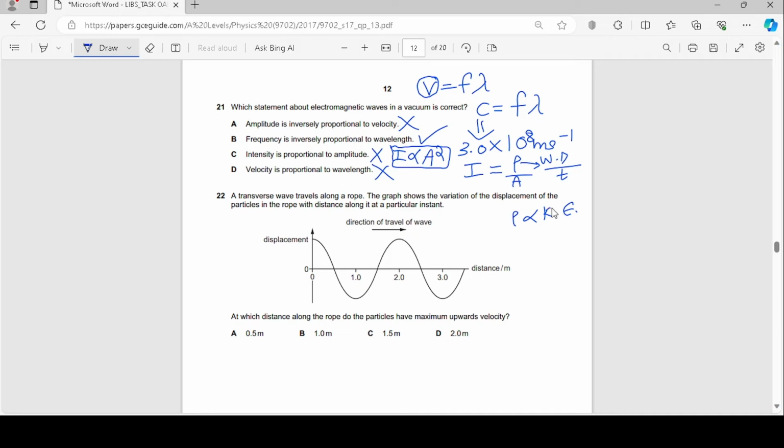The reason for that is because work done is a type of energy, and kinetic energy is a type of energy. And then what happens is EK, kinetic energy, equals half mv squared, and this is the particle velocity, I think. So then you get that the kinetic energy is directly proportional to v squared.